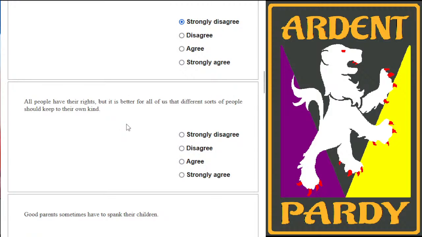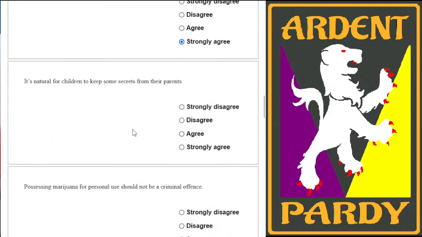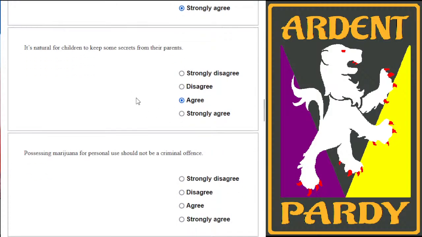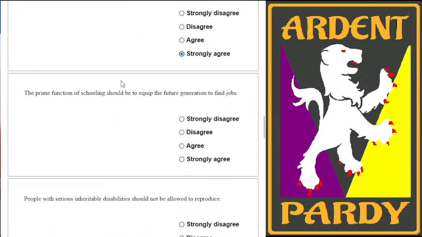All people have their rights, but it is better for all of us that different sorts of people should keep to their own kind. How are you defining kind? Is it culture? Is it race? I will disagree lightly on that one. Good parents sometimes have to spank their children. I strongly agree. It's natural for children to keep some secrets from their parents. I agree, but I don't strongly agree. Possessing marijuana for personal use should not be a criminal offense. I strongly agree. The prime function of schooling should be to equip the future generation to find jobs.